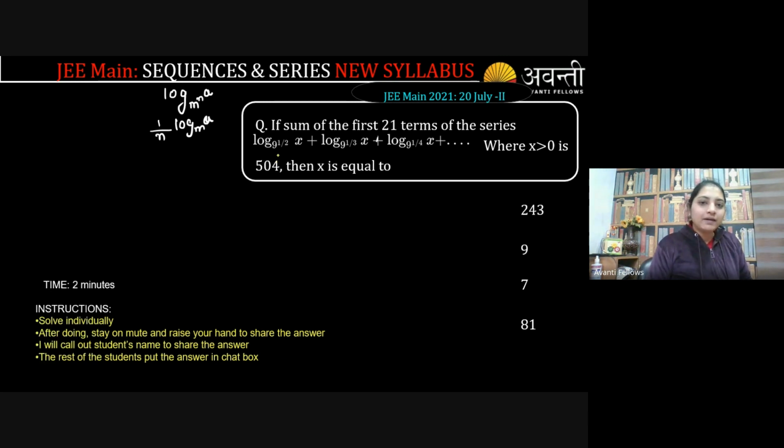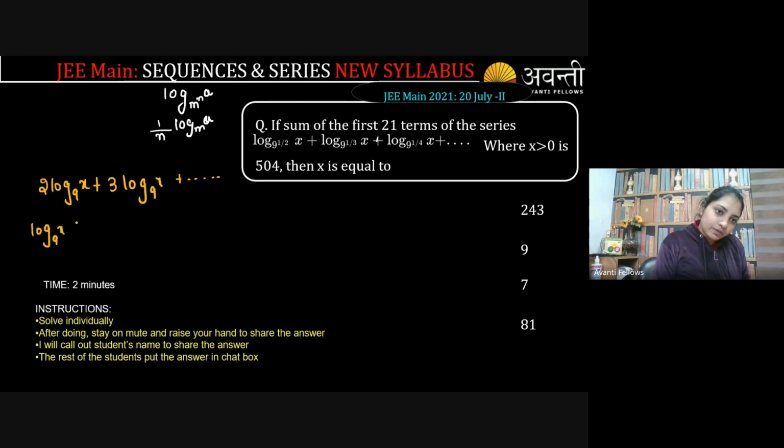So by implementing this power, I get 2 log base 9 of x plus 3 log base 9 of x and so on. So I can take log base 9 of x as common, then I'm left with 2 plus 3 plus up to so on. They said sum of 21 terms. It means I can take 21 terms.